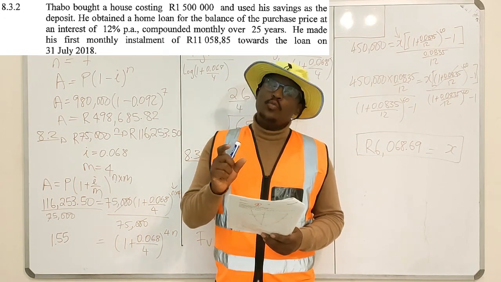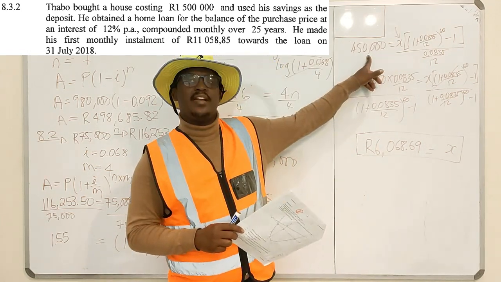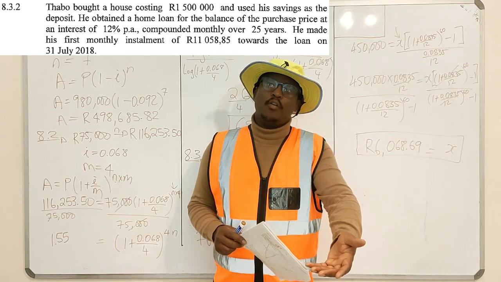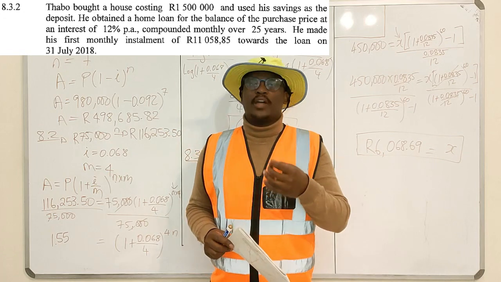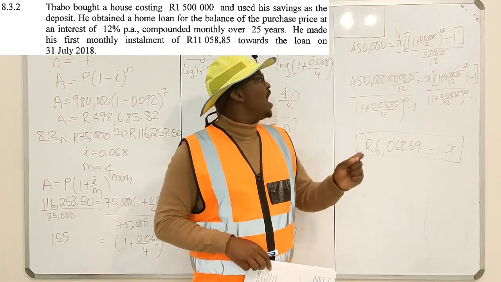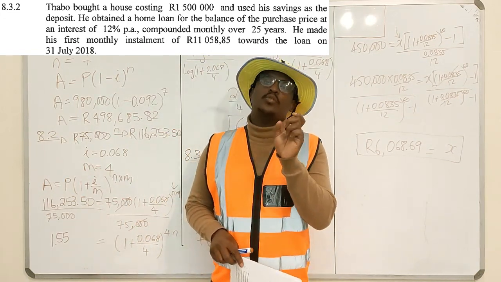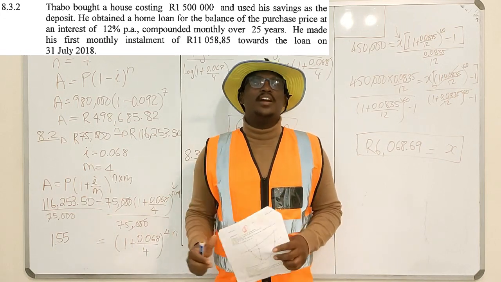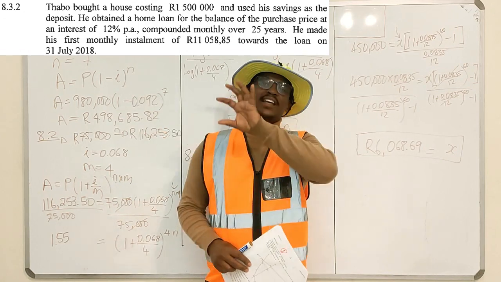And he used that 450,000 that he saved as a deposit on that house that costs 1.5 million. Then he took the balance of the purchase price. The house was costing 1.5 million, and he had 450,000 as a deposit.